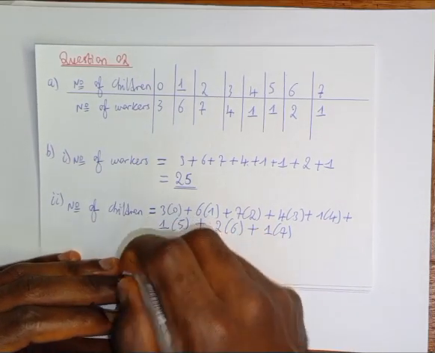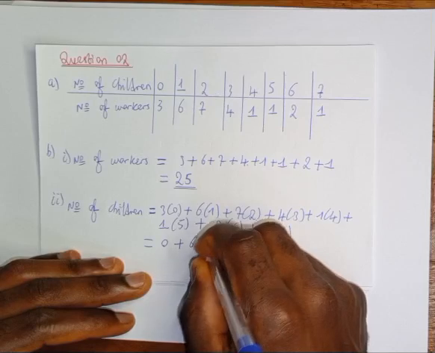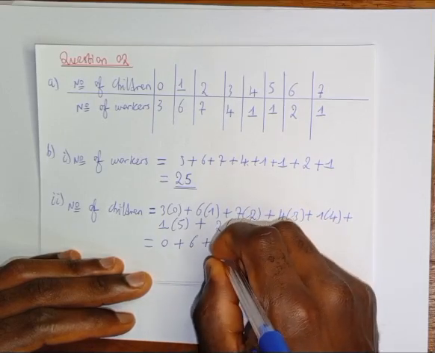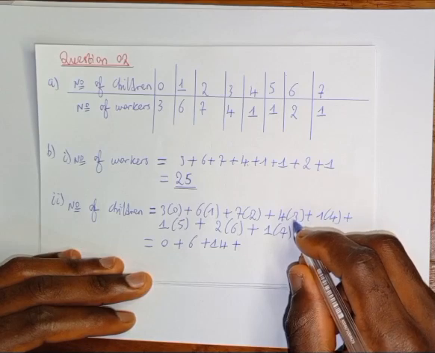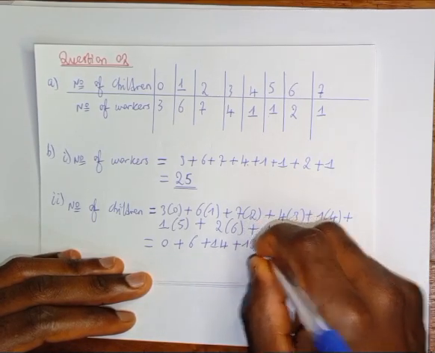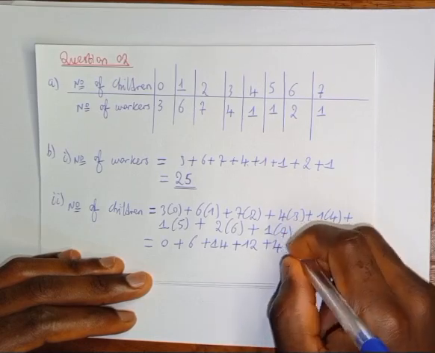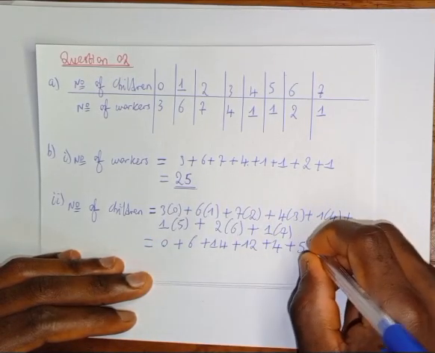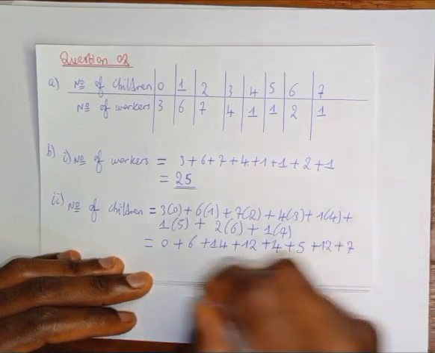And this will simply be equal to 3 times 0 gives 0 plus 6 times 1 gives 6 plus 7 times 2 gives us 14 plus 4 times 3 gives us 12 plus 1 times 4 gives 4 plus 1 times 5 gives 5 plus 2 times 6 gives 12 plus 1 times 7 gives 7.